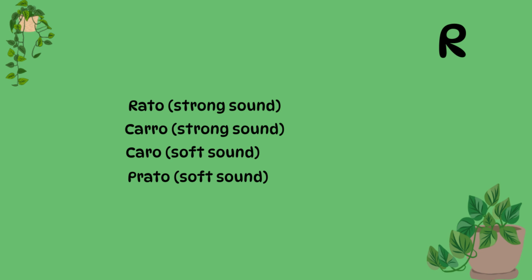Now, when there's only one R in the middle of a sentence, you can say the R normally, like caro, or prato. See how easy that is? If you just get these small tricks into your brain, you'll start pronouncing these European Portuguese words fluently.